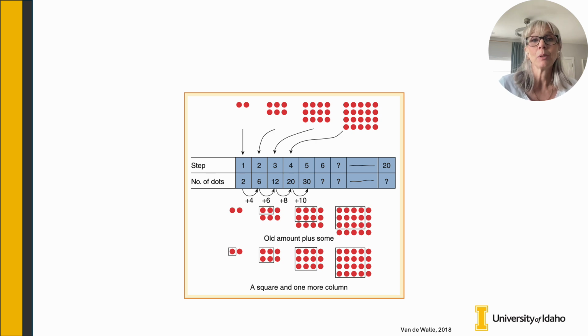One row of the table or chart is always the number of steps, and the other is for recording how many objects are in that step. Analyzing growing patterns should include the developmental progression of reasoning by looking at the visuals, then reasoning about the numerical relationship, and then extending to the larger or nth case, as I said previously.